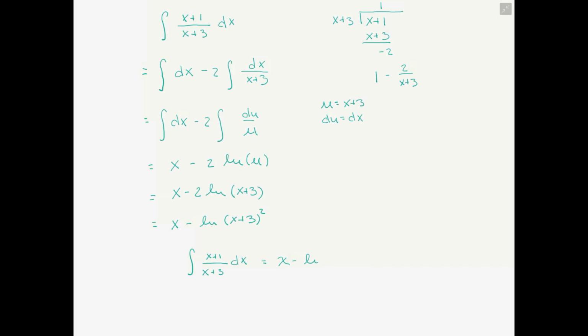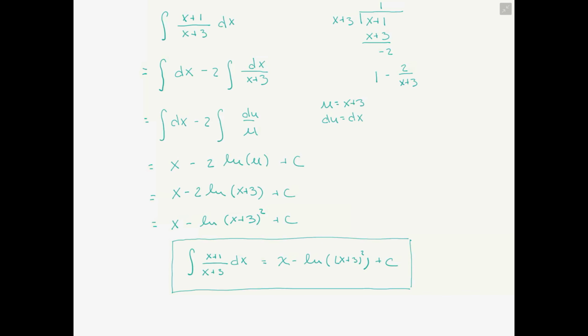And so we have now our answer. We go, this is x plus 1 over x plus 3 dx equals x minus natural log of x plus 3 squared plus c.